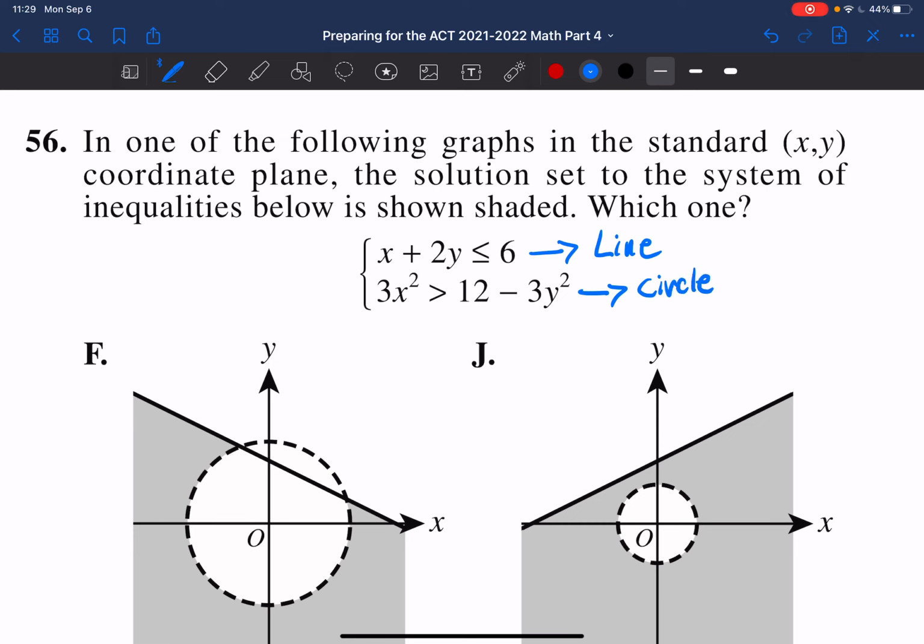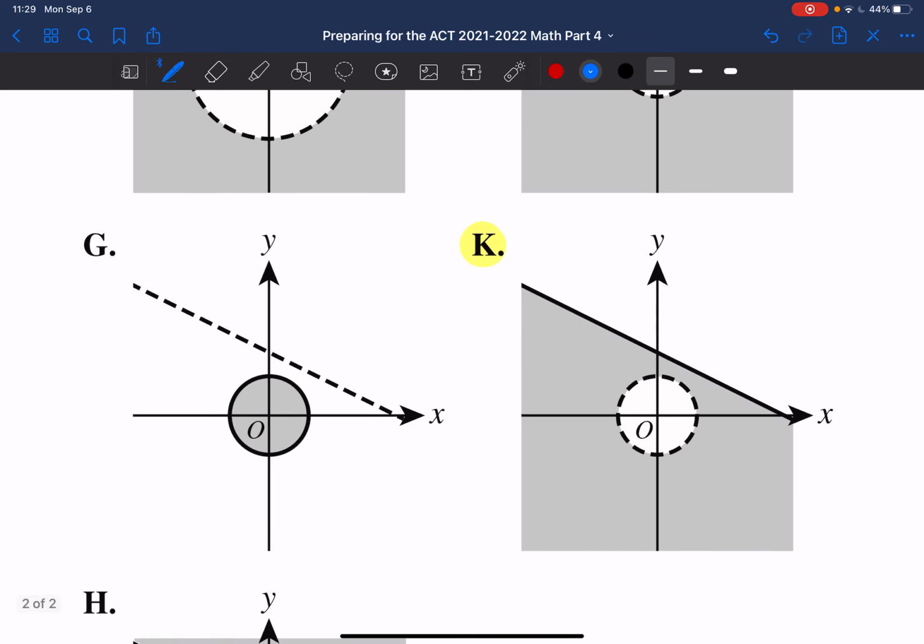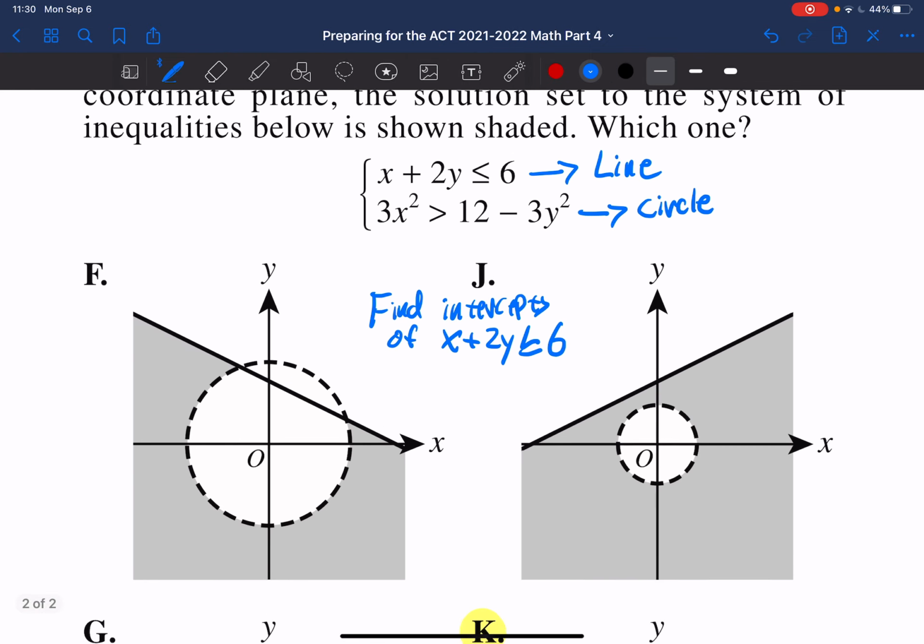Now with a line, when it's written in standard form, what I will tell people is find the intercepts of x plus 2y less than or equal to 6. Because that's going to clue you in about the line and what shape it will have.